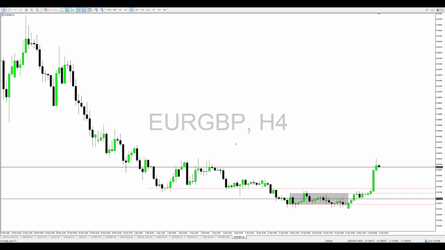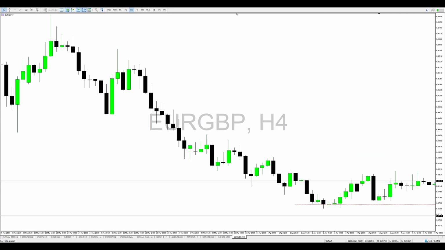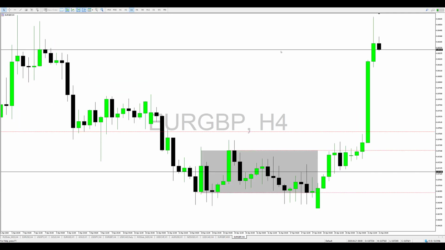Remember, our candle is okay. Let me go to H4 and highlight that candle so that it's easy for people to see. So now I'm gonna highlight this candle here. Right, I've highlighted it.